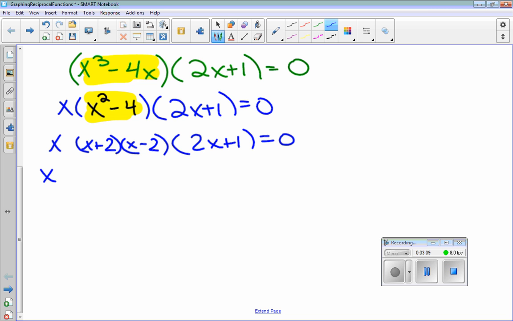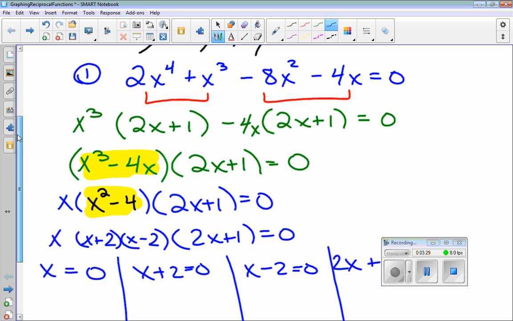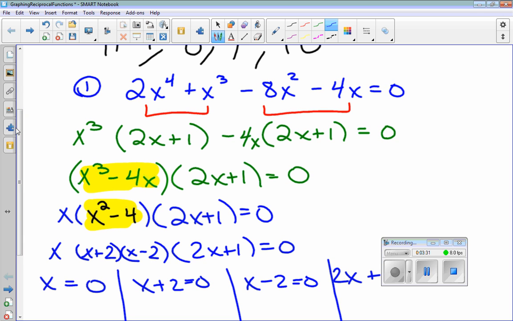If I set each of those factors equal to 0, how many solutions am I going to get? Do I expect 4? How do I know I should have 4 solutions? What tells me in the original problem that I have 4 solutions? Not 4 terms, the highest degree.